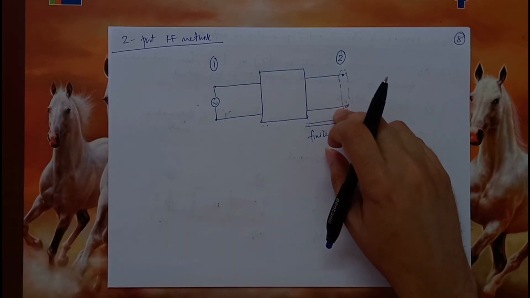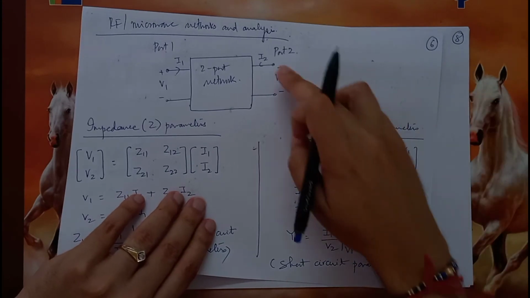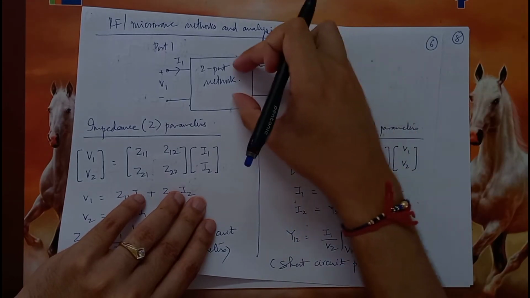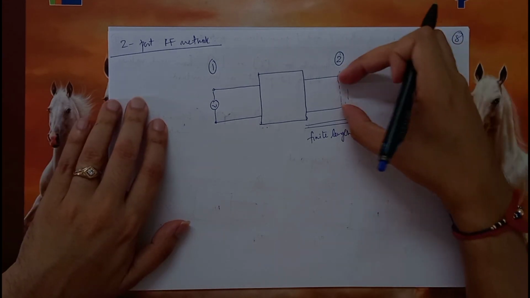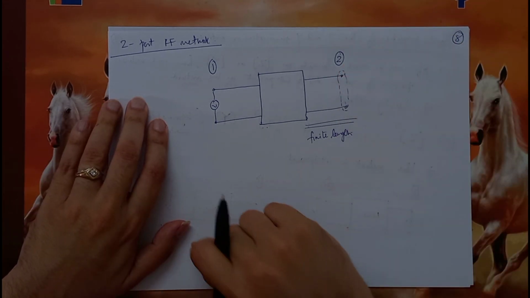On the other hand, compared to a low frequency network, making this an open circuit means the entire line becomes open circuit. But at RF, open circuit means only that point is open circuit.